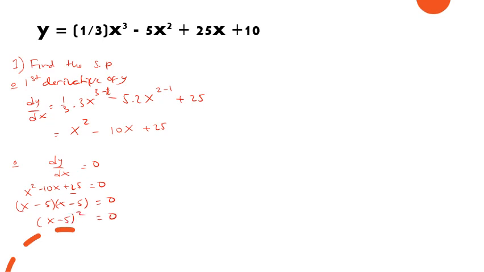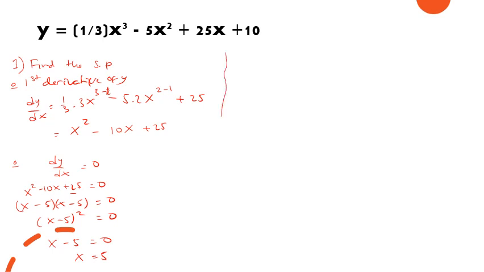So the solution of this is only one, x minus 5, so x is 5. I've said before that for a function with the highest exponent 3, the maximum number of stationary points will be 2. It can be less than that, but it cannot be more than 2. So this is the proof that it can be less than 2.